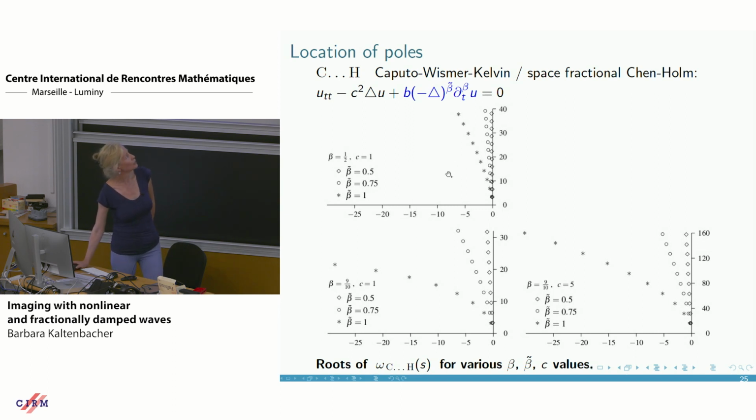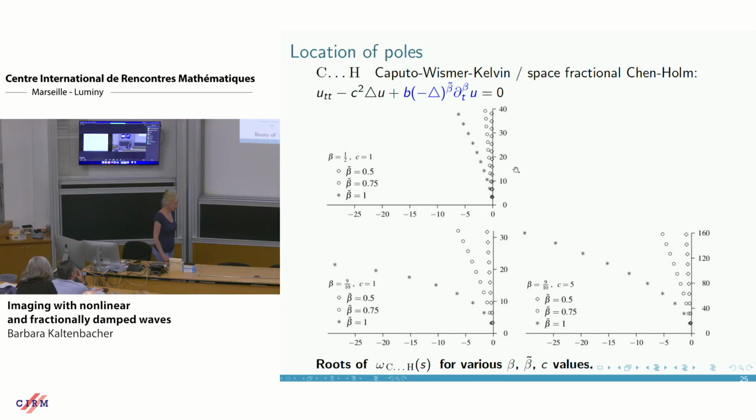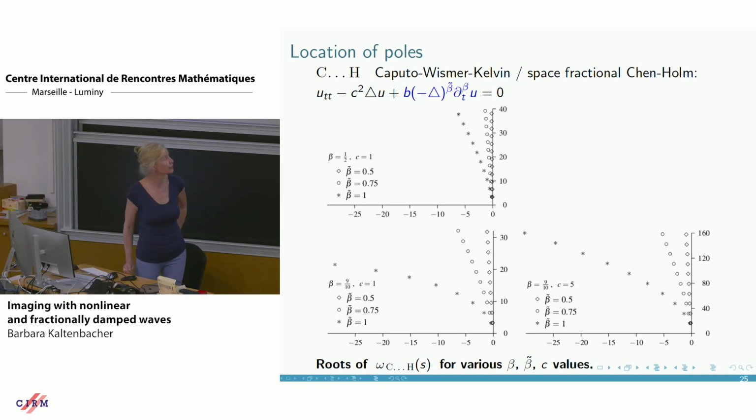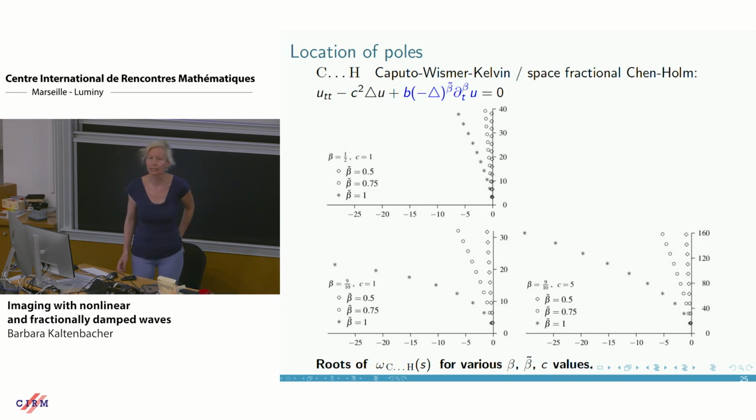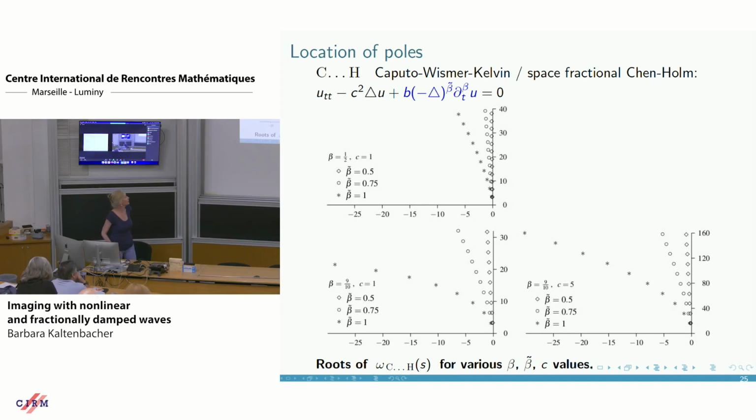And you see this also in the location of the poles. Why is the location of the poles important here? If you have a pure wave equation, then the poles of these relaxation functions are on the imaginary axis, because the Laplace transformed equation is just s squared minus lambda times the Laplace transformed solution equals 0, or something like that.